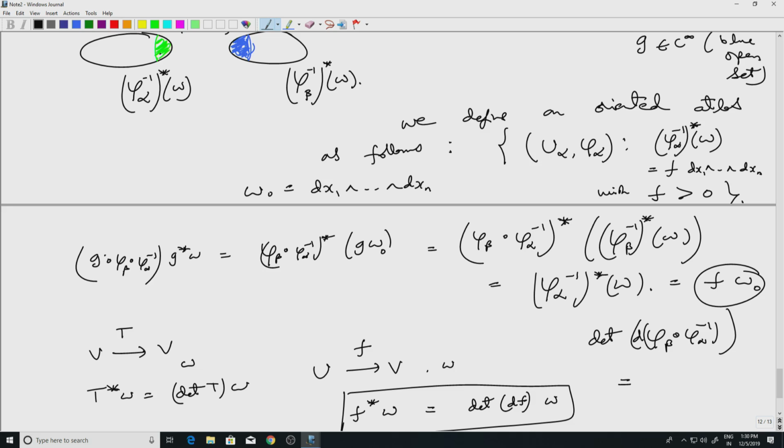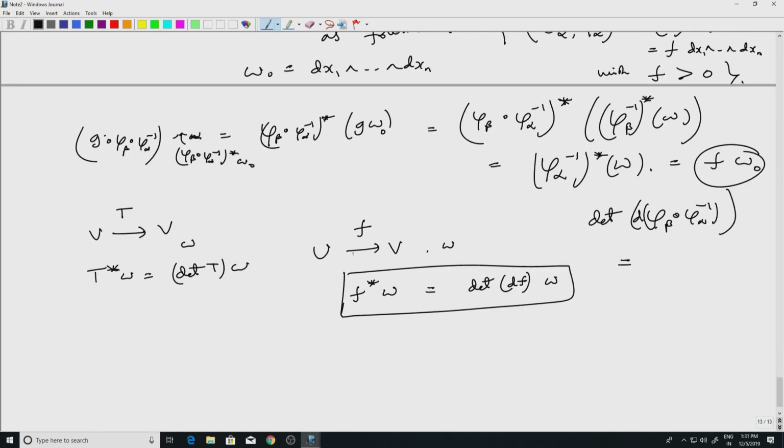Let me just end with this calculation. So this is times phi beta phi alpha inverse star omega naught is what I get here.